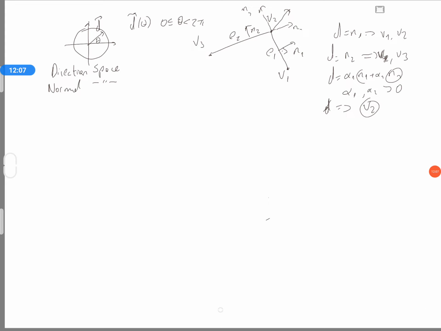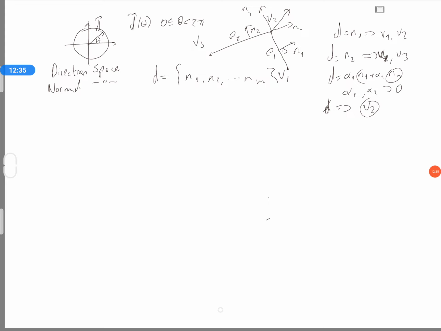So this means that we can restrict our set of search directions to be n1, n2, all the way through nm. This is an important step because now we have a finite set of directions to test for, right?